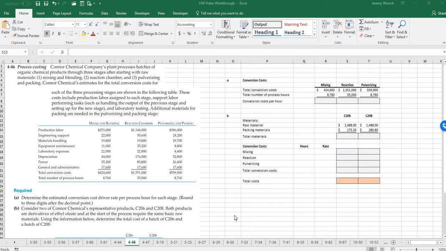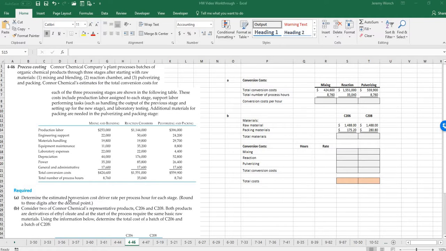Each of these 3 stages is shown in the table below, and they've shown the labor cost and the handling and support for each one of these stages. It wants us to determine the estimated conversion cost driver rate per process hour for each stage.